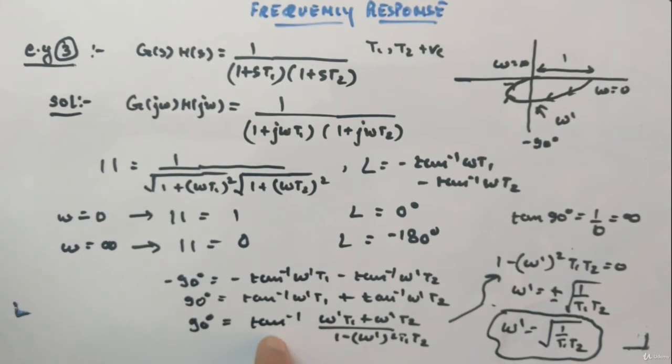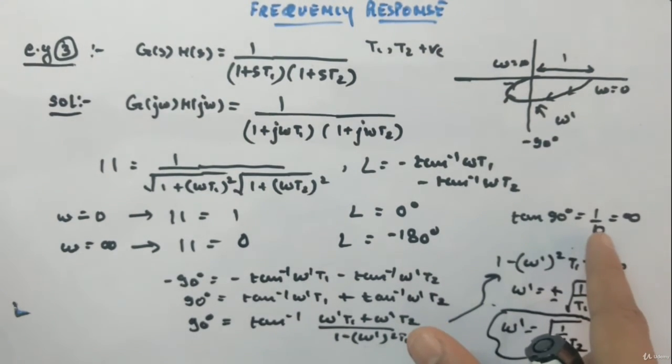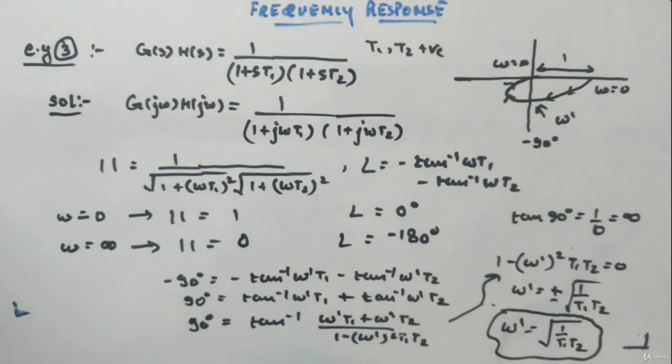Now if you bring tan here, tan 90 is infinity, which is 1 by 0. This will be possible only when the denominator is 0, because 1 by 0 will come out to be infinity and tan 90 is infinity.